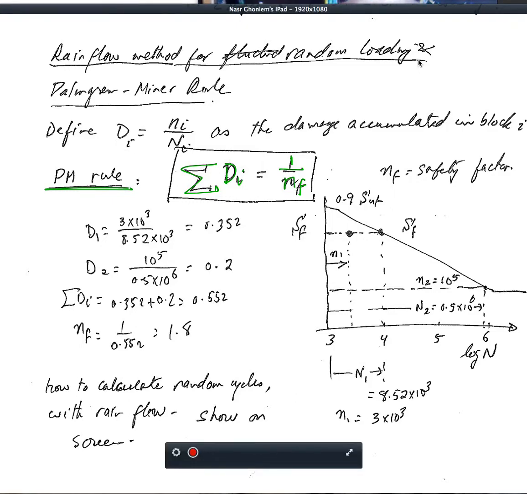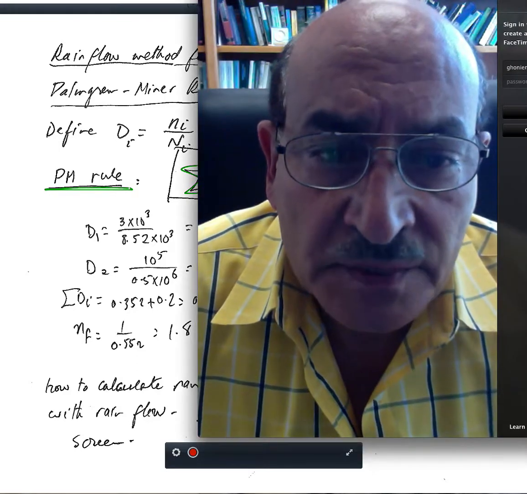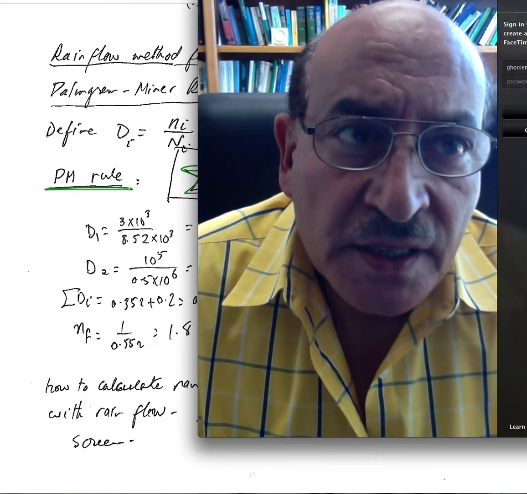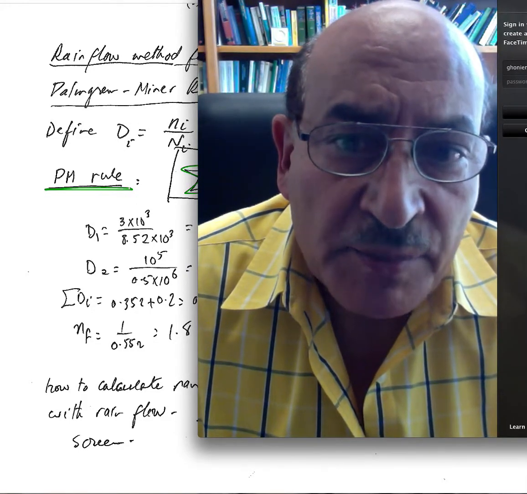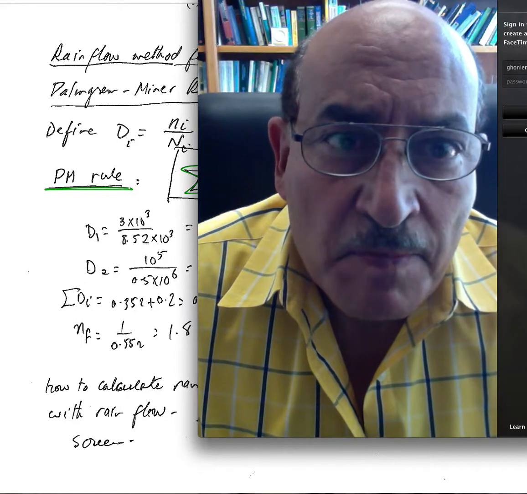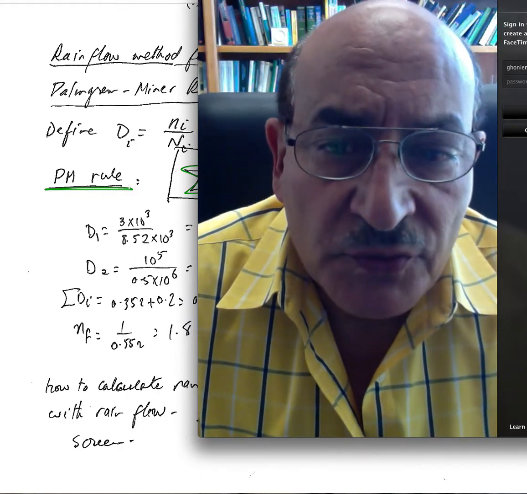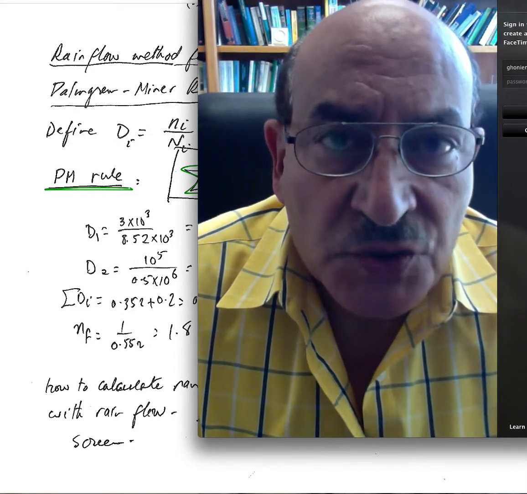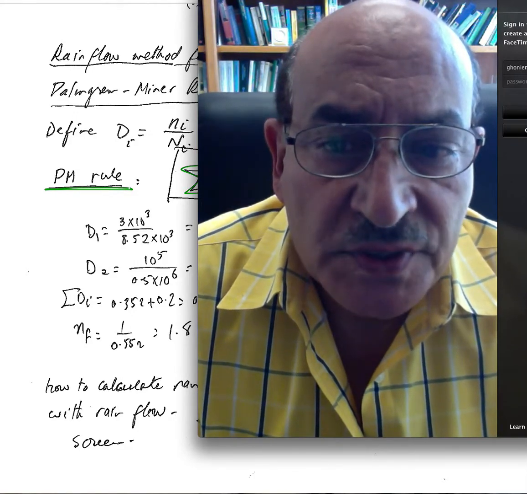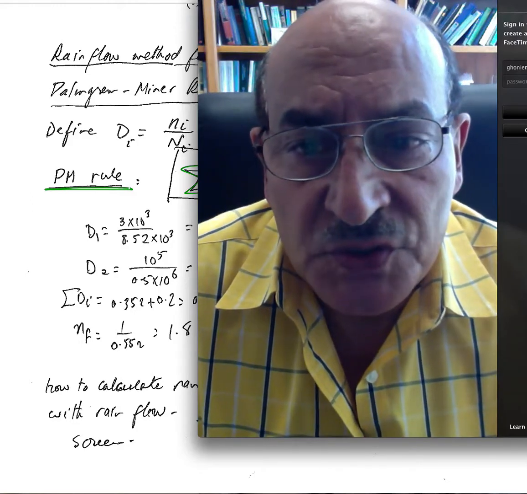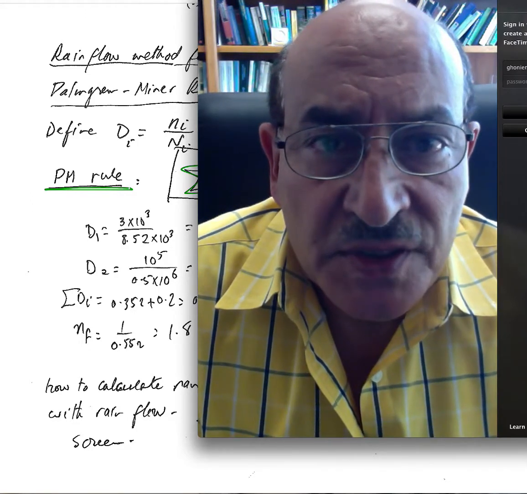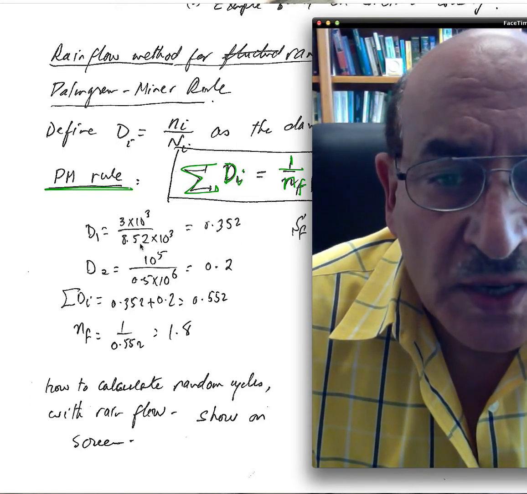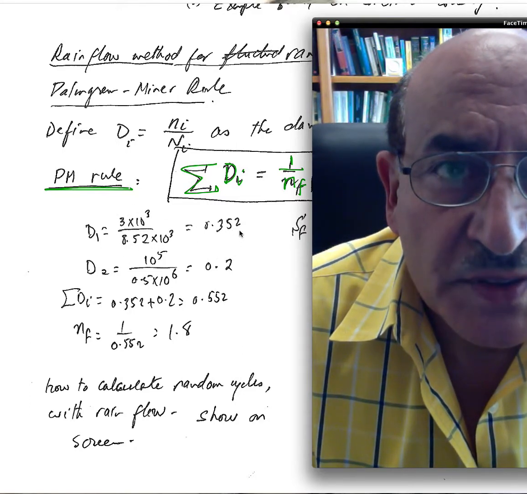So in this example, we have two types of cycles. The first amplitude is used for a number of cycles of 3,000. And the total allowable at this amplitude is 8.52 times 10 to the 3, as you can see here. So D1 in this case is 0.352.